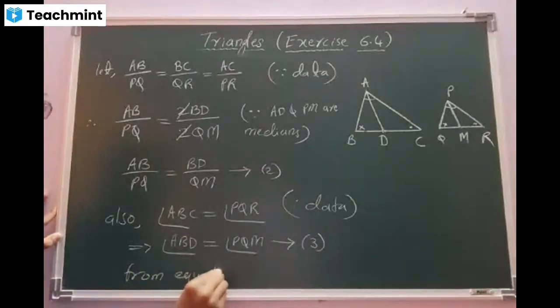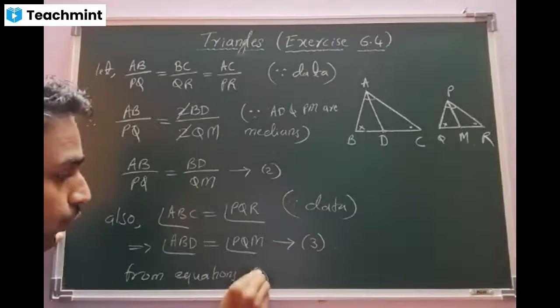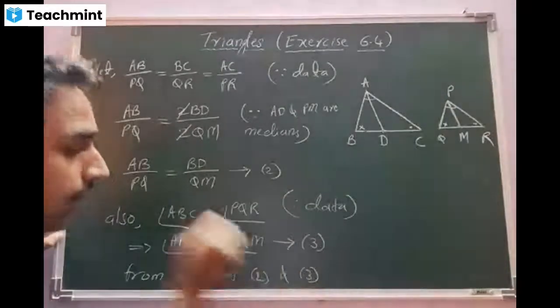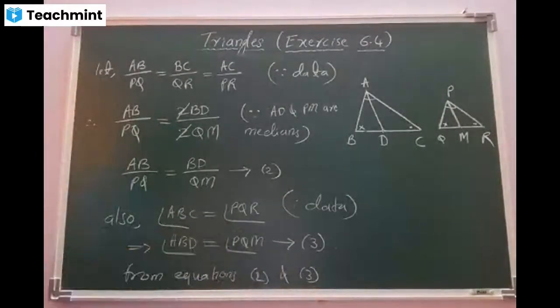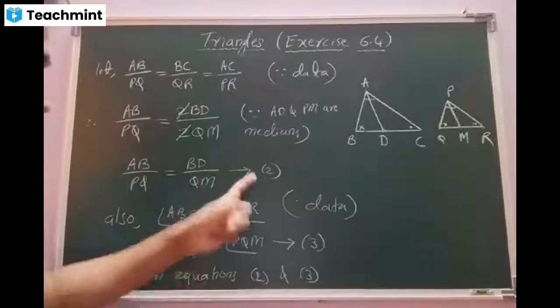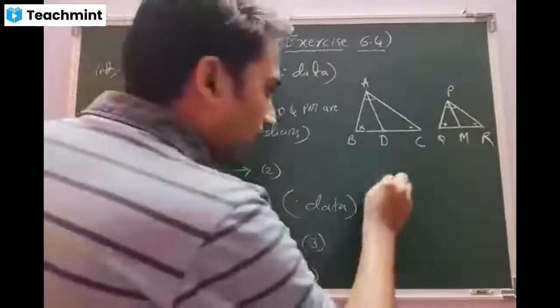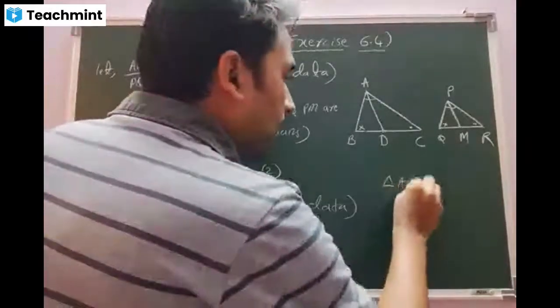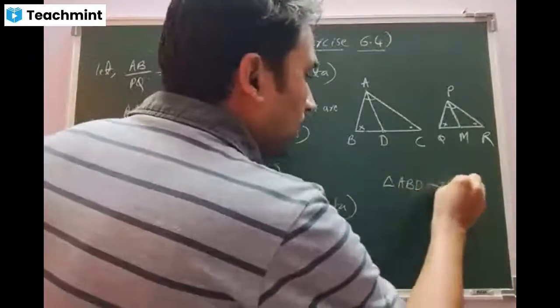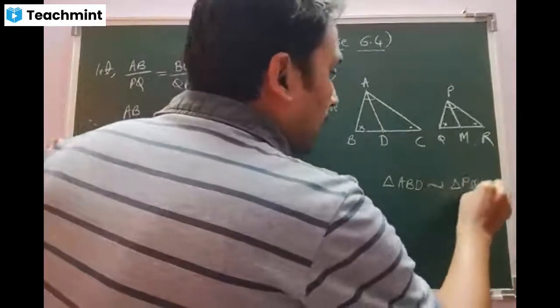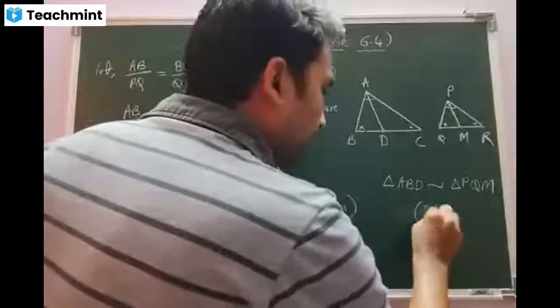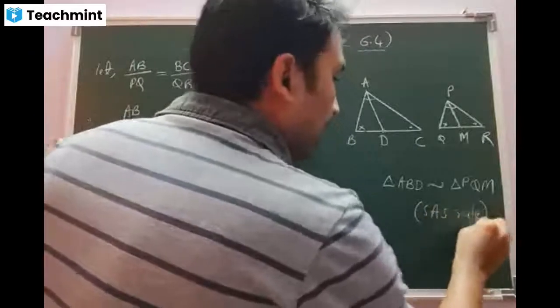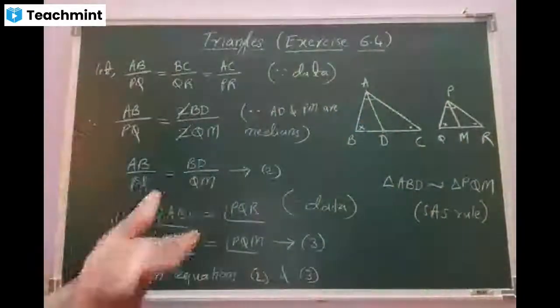From equations 2 and 3, can you tell me what will be our conclusion? Quick. Triangle ABD is similar to triangle PQM. Which rule, beta? SAS rule.